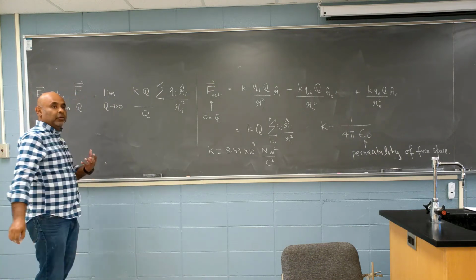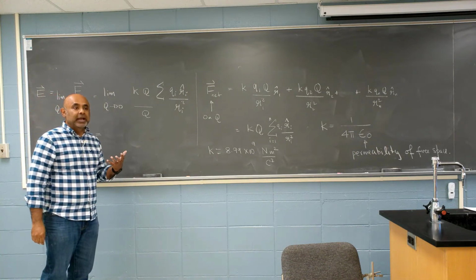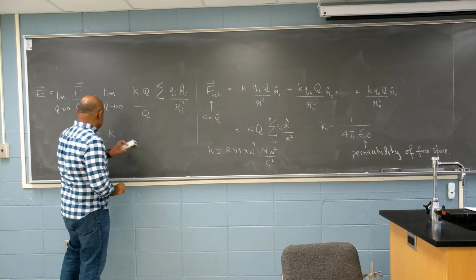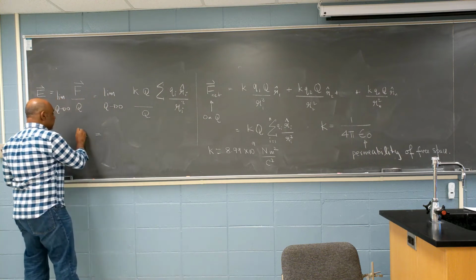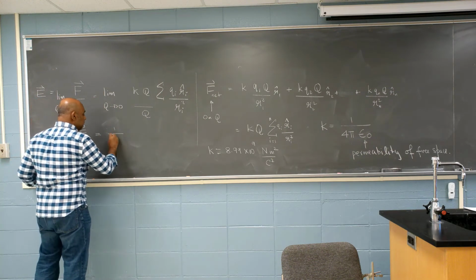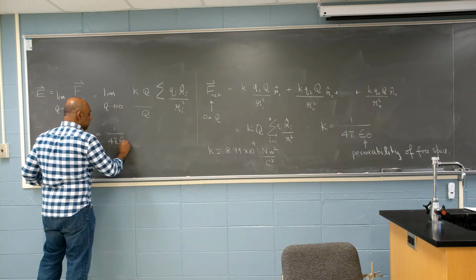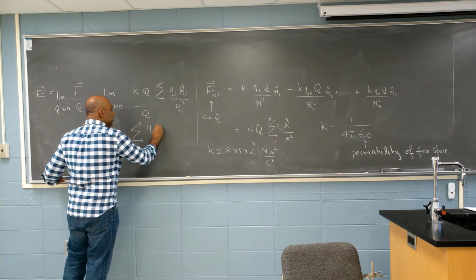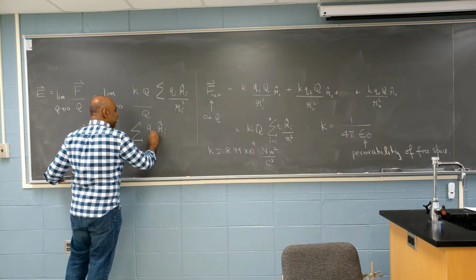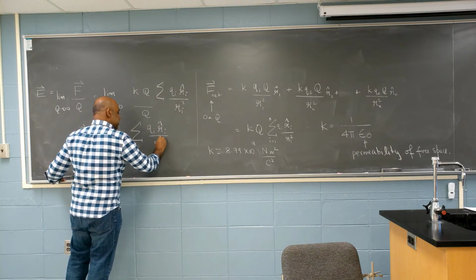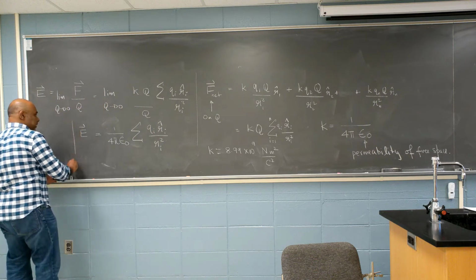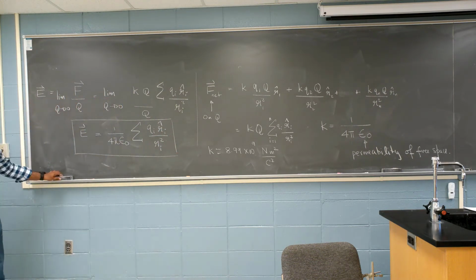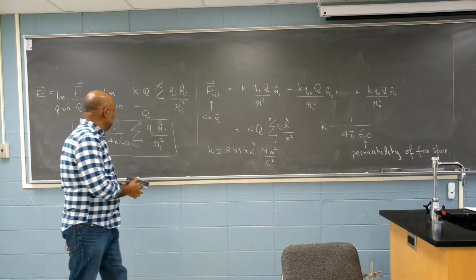You just find the force and divide by the charge you have in your hand. The Q simply cancels. And just so that you get used to it, I can write it in several forms. This is the expression for charges floating about.